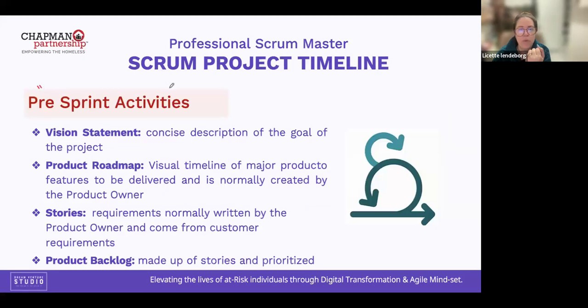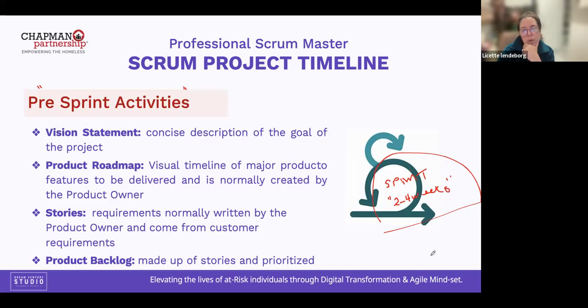So before we start the first sprint, remember the sprint is a short cycle to deliver value with a duration of 2 to 4 weeks, right? Because in Scrum, we are adding incremental value. Another name for the sprint is an iteration.